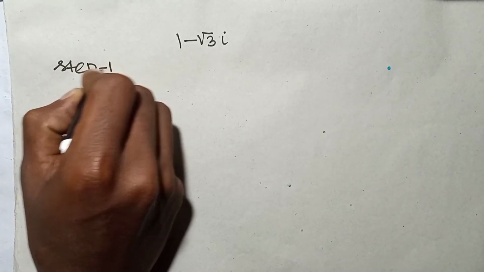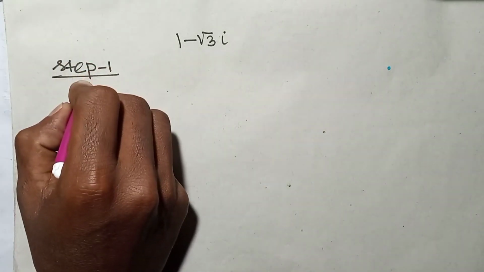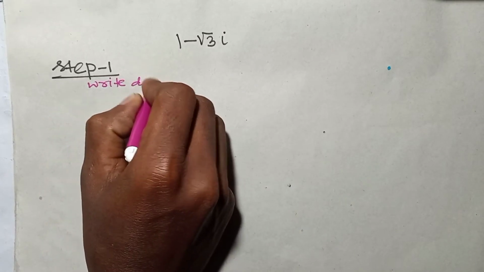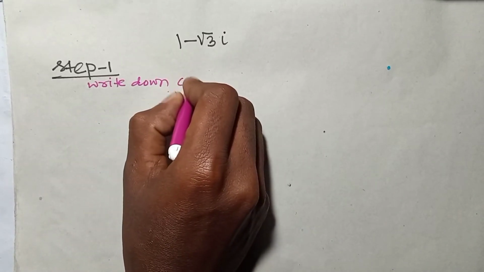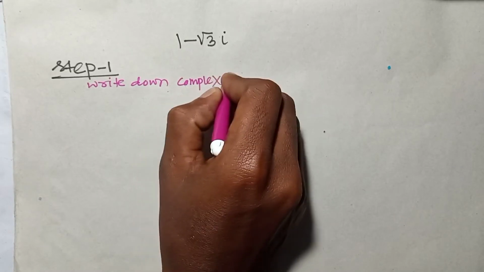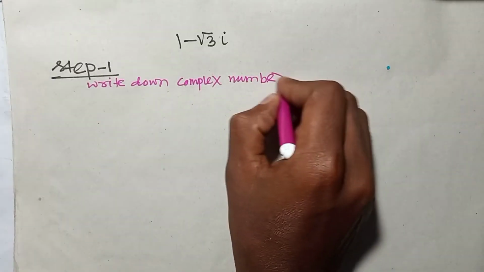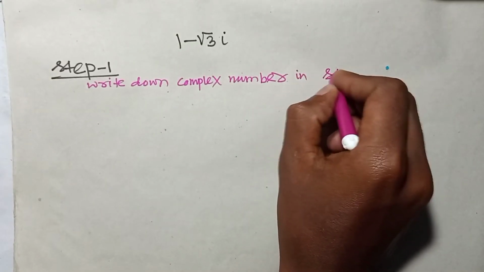So it is step number 1. In step number 1 you have to write down the complex number in standard form.